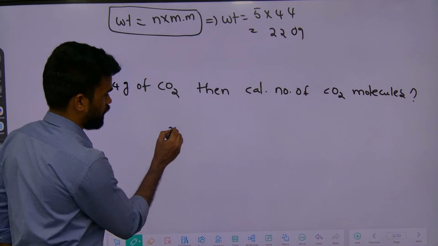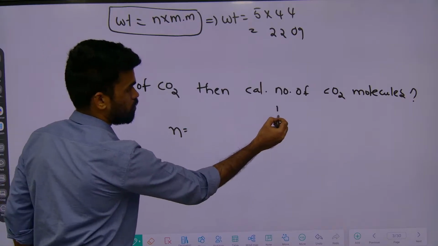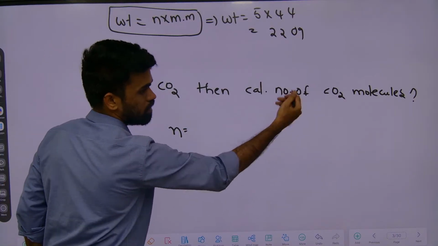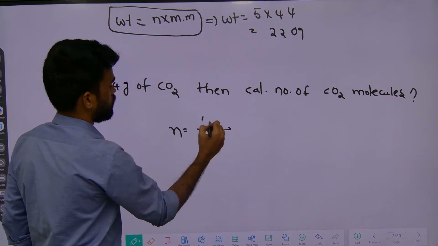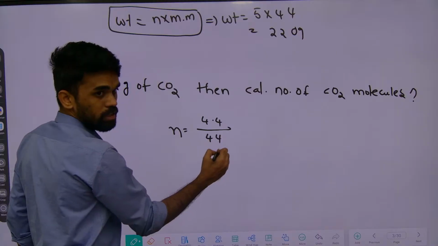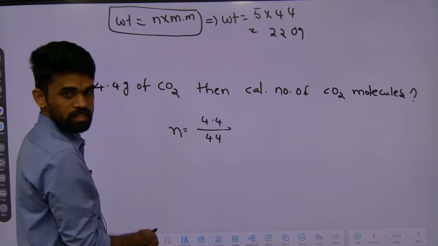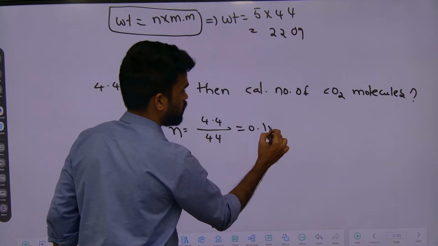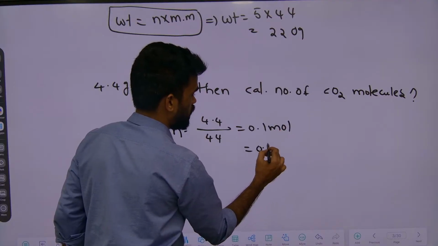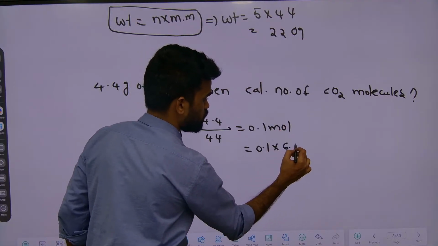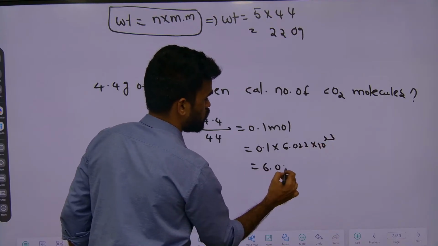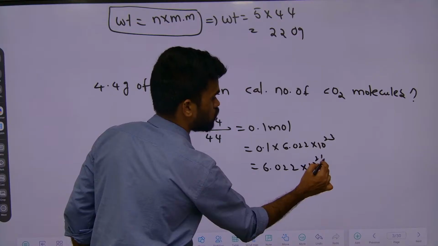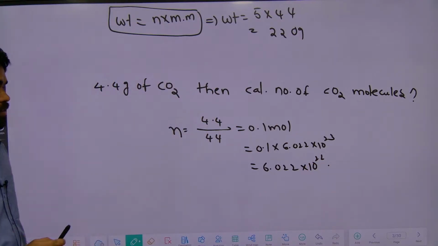Number of moles you find first, because if I know the number of moles, then I can multiply with Avogadro number. Find number of moles by given weight by molar mass, 4.4 by 44. So it means 0.1 mole. So multiply 0.1 into 6.022 into 10 power 23. So it is 6.022 into 10 power 22. Okay, done up to here.